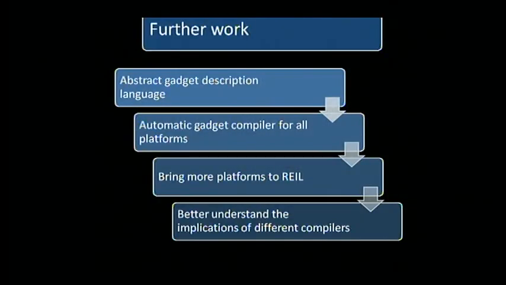An abstract gadget description language and the automatic gadget compiler for all platforms is one of the things that is really, really not that easy. I've seen the work that Sean Healy and Pablo Sole did now for the Immunity Debugger.